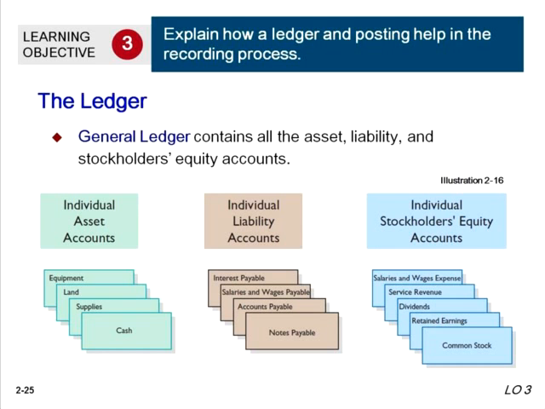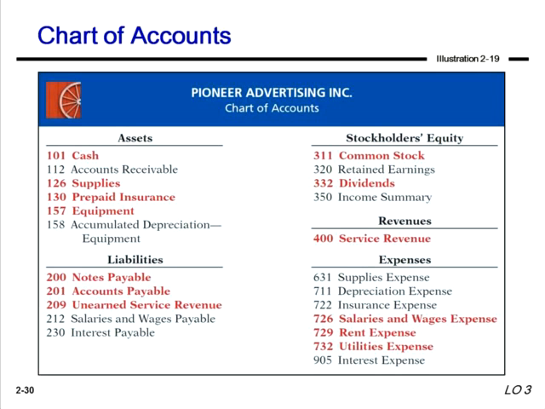What we have here is an illustration of the general ledger. The general ledger contains an account for each account that appears on the financial statements, and of course those accounts would have been used in recording journal entries. The chart of accounts, if you will, is a table of contents for the general ledger.